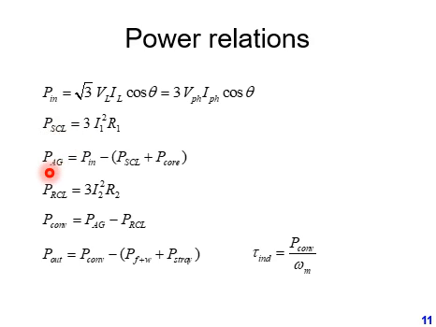Similarly, power air gap can easily be found out, as we discussed in the previous slide: if we subtract P SCL and P core from P in, we get PAG. If we further deduct P RCL from PAG, we get P converted.